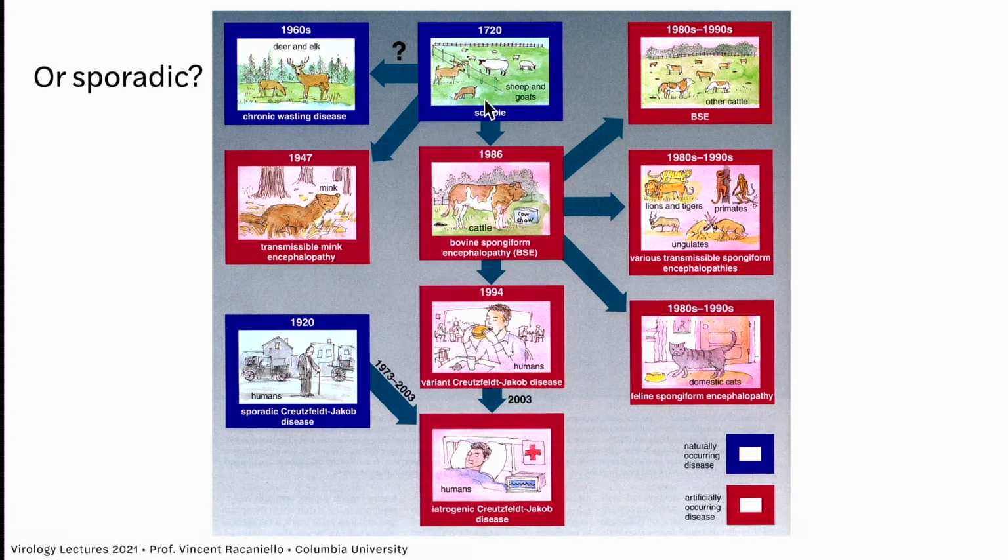This is kind of a summary of TSEs, how they all arose. So maybe the earliest one was scrapie in sheep, which was then transmitted to deer and has started the chronic wasting disease outbreak. Or maybe the deer developed a sporadic infection that was then transmitted to deer. We really don't know.